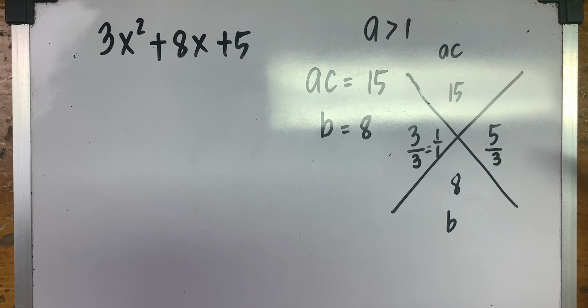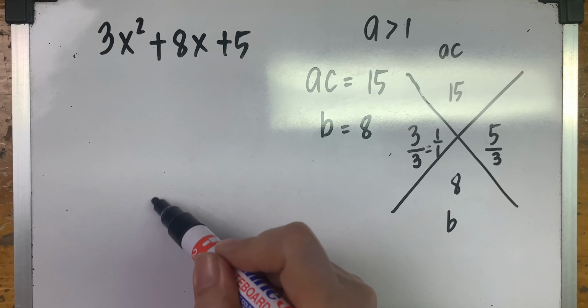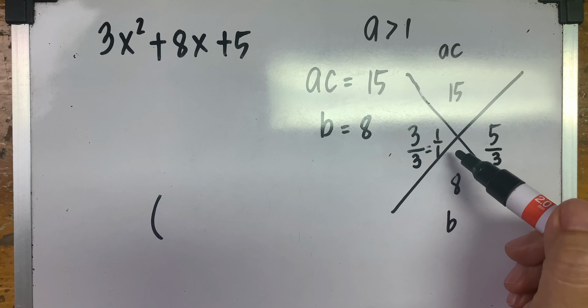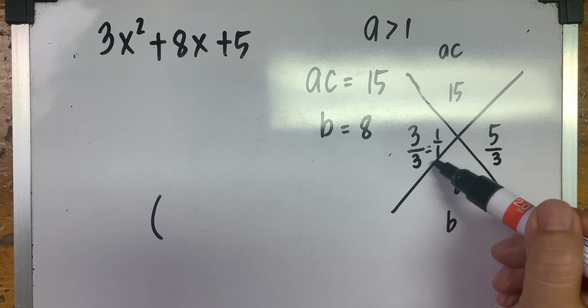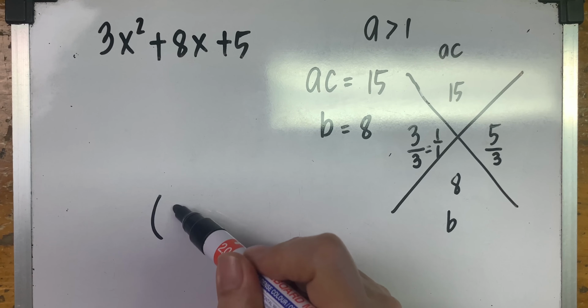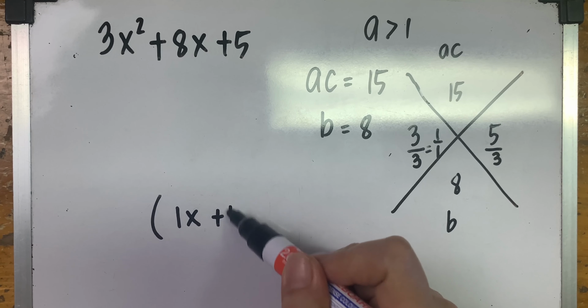Now, to find the factors of this trinomial, first we have to get the number below, which will be the coefficient of x. So in this case, it will be 1 times x. And then this one, positive 1.